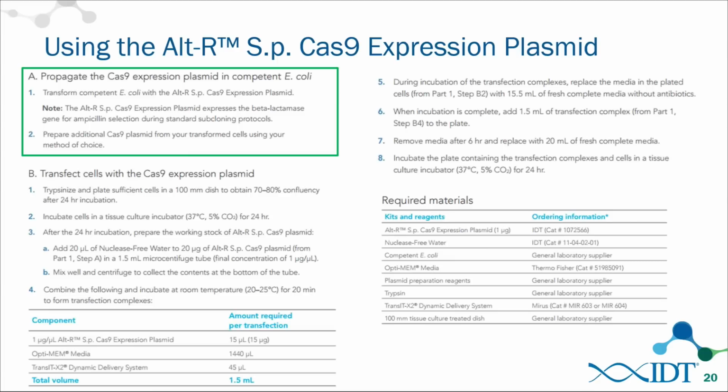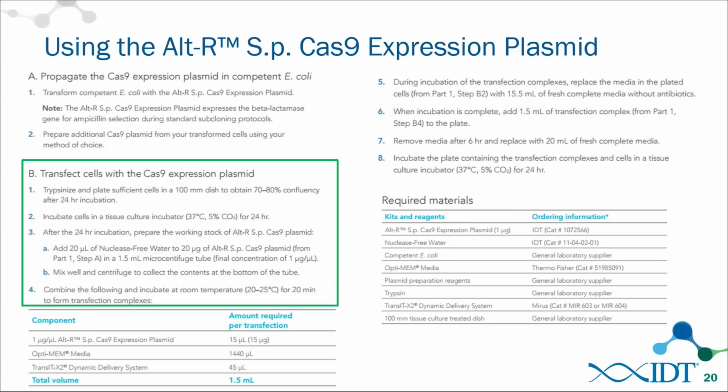The first step, as I mentioned, is to take the 1 microgram, if you're going the route of using an expression vector, as in the Alt-R S. pyogenes Cas9 expression plasmid, growing it up in competent E. coli, and using standard laboratory techniques to grow up and purify plasmid.